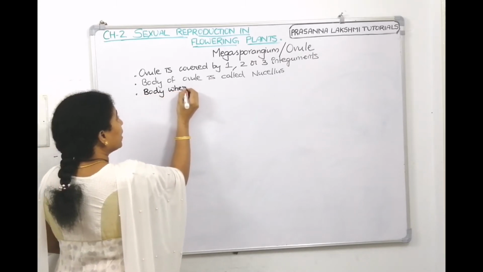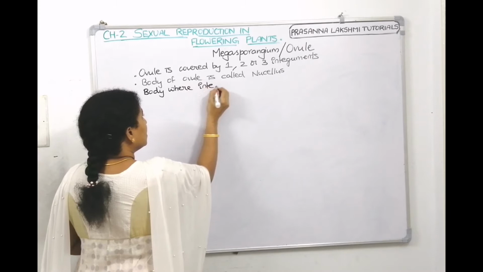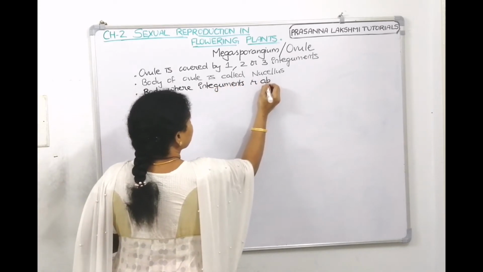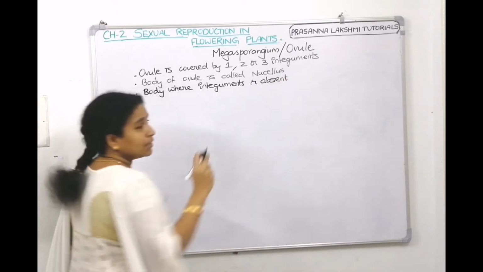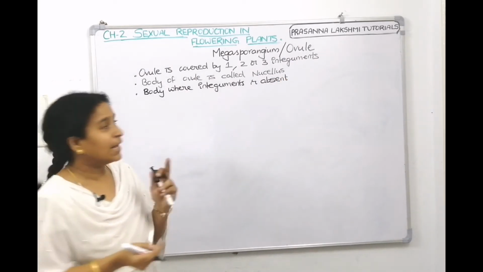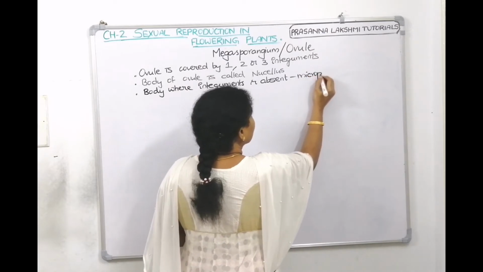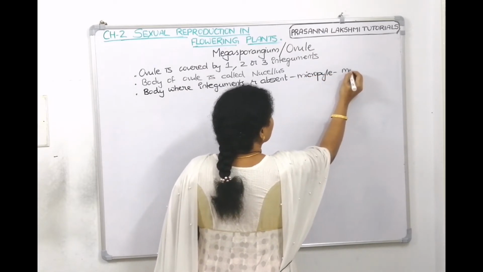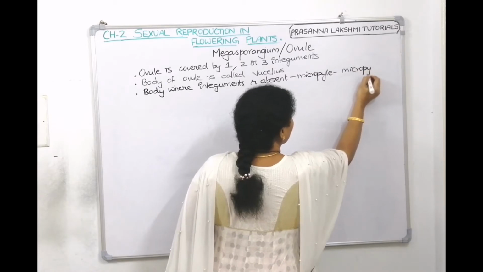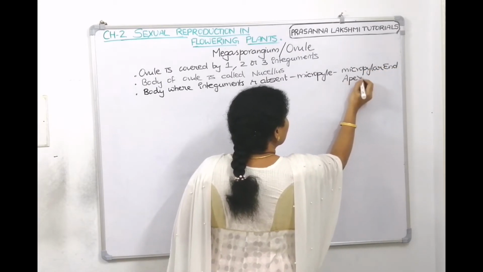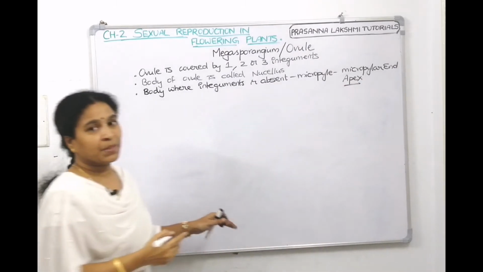In the region where integuments are not enclosed, that end is called micropyle. There is a pore there called micropyle. The end is called the micropylar end. I told you the micropylar end represents the apex.